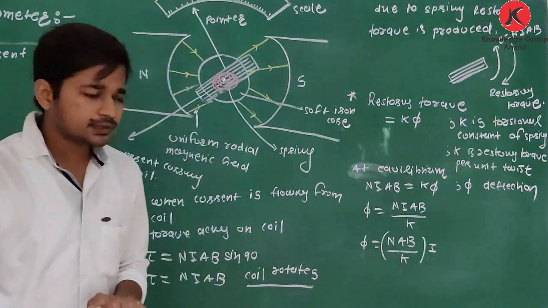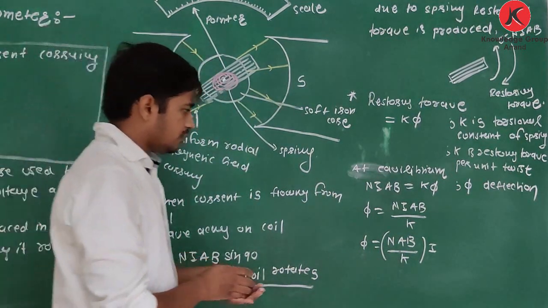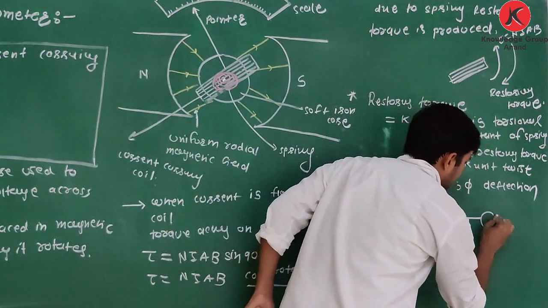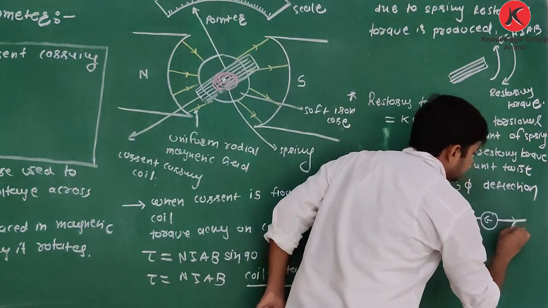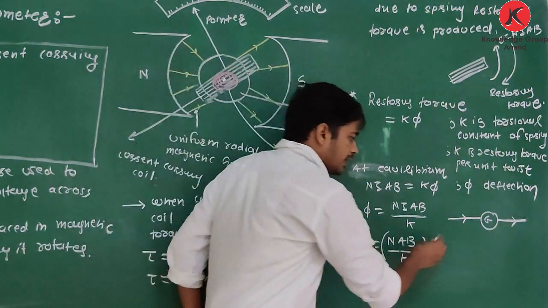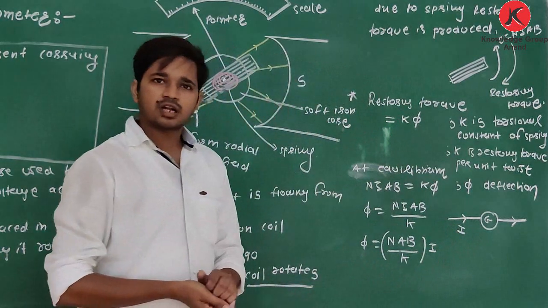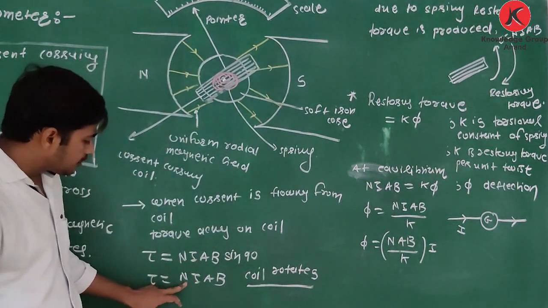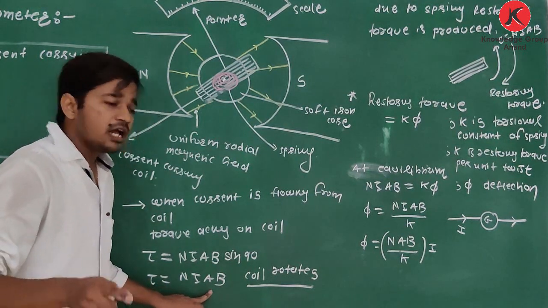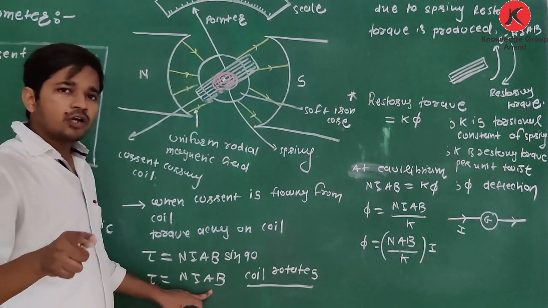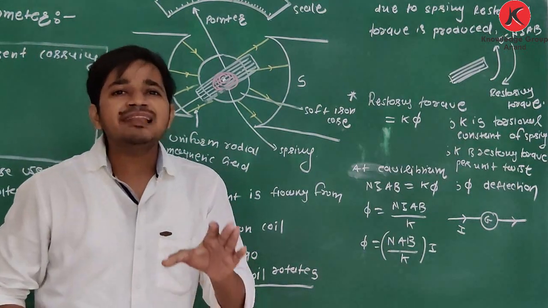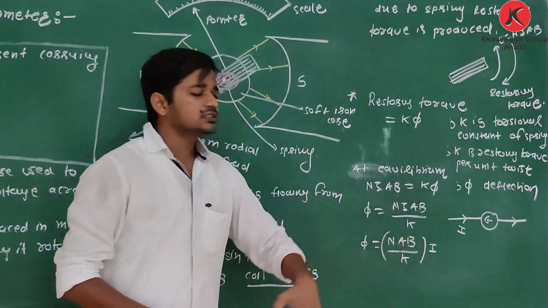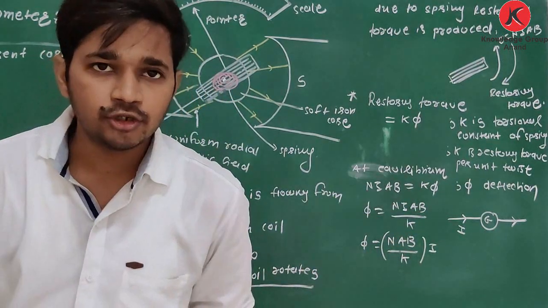So what happens? If current is flowing through a wire, it is a galvanometer. Some current is flowing through this galvanometer. Then according to that current, torque NIAB is acting on it, and restoring torque is also acting on it. The coil will be in equilibrium when these two torques are of equal magnitude.